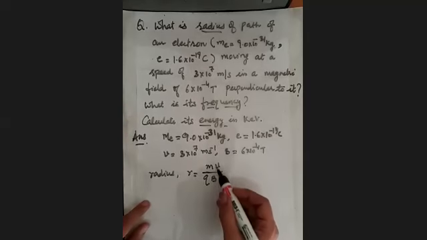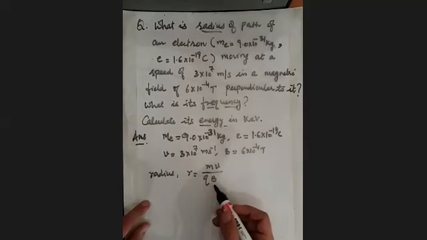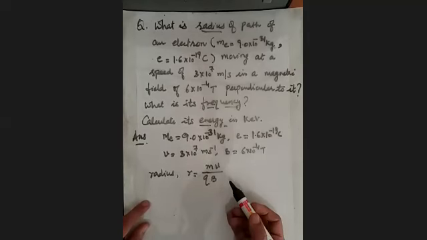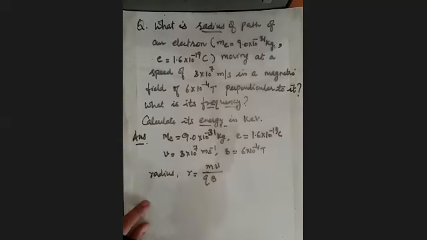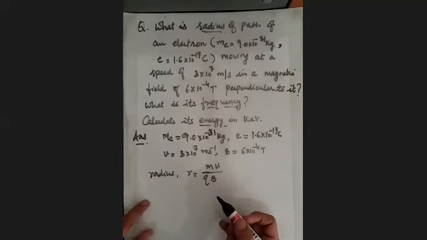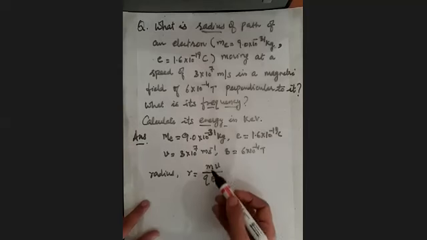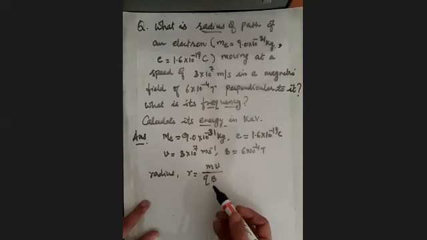You can get this expression by comparing the magnetic force with the centripetal force that is required to move the charged particle on a circular path. Otherwise, mv² upon R is equal to qvB. So just compare and you get this relation.